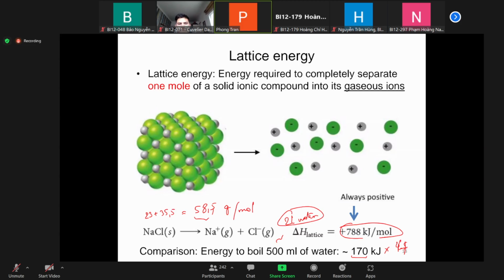But at the same time, if you pick up 1 mole of sodium chloride, 60 grams, and put it in water, the dissolution, meaning the separation of solid sodium chloride into sodium cation and chloride anion, will be extremely easy. You don't need to heat it. You don't need to pay a lot of energy to make it happen. So is there any confusion here? Do you understand my question?